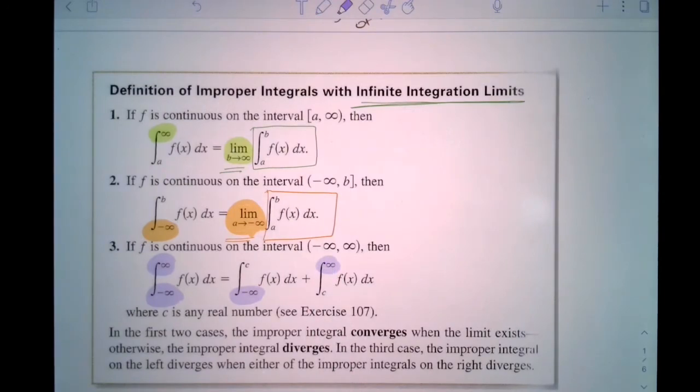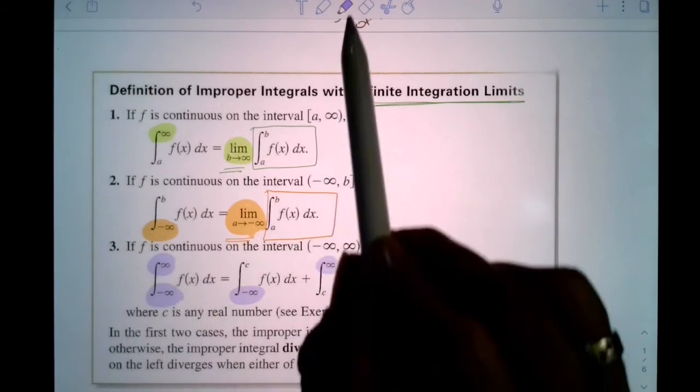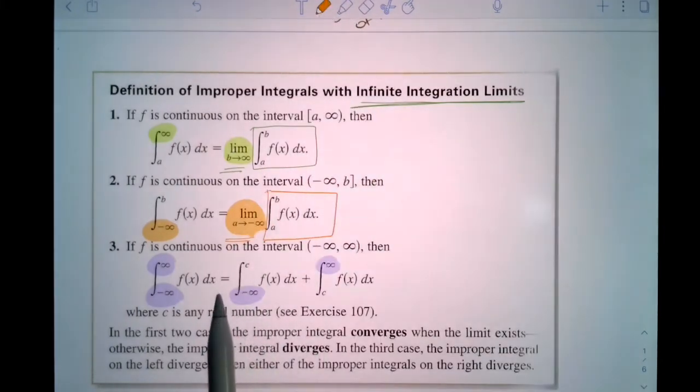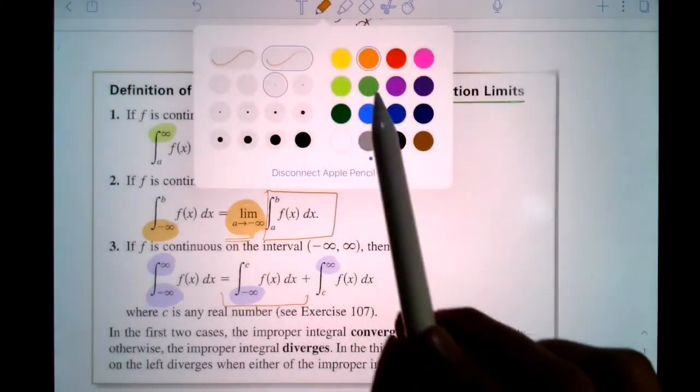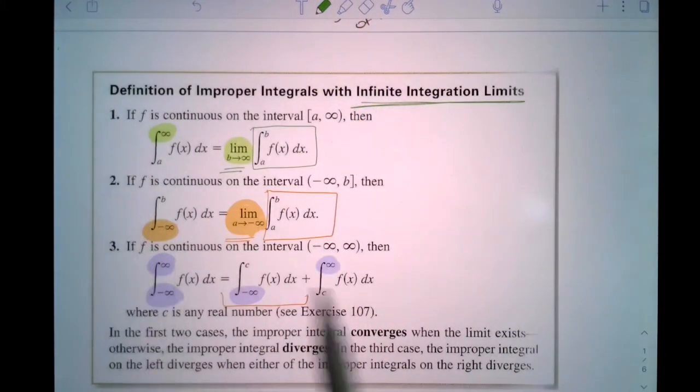So it would be a combination. To do this third bullet, you would have to execute, rewriting the first integral here in terms of what you see for number 2, and rewriting the second integral as what you see in bullet 1. So you would need to address both of those. So we have to work on it.